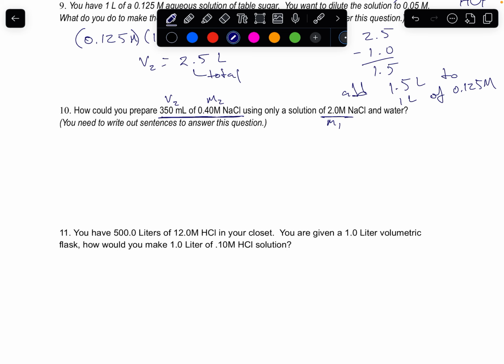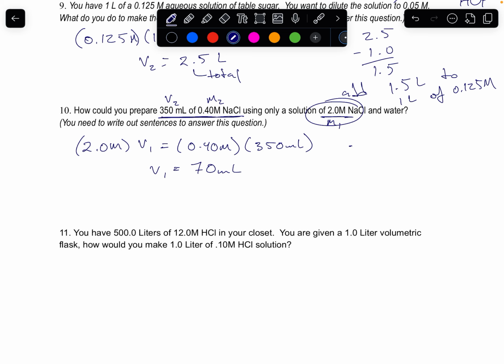I need to figure out how much of that original solution I need. So I plug in 2 molar times V1 equals 0.4 molar times 350 milliliters. Solving for V1 gives me 70 milliliters. So I need 70 milliliters of that 2 molar NaCl solution.